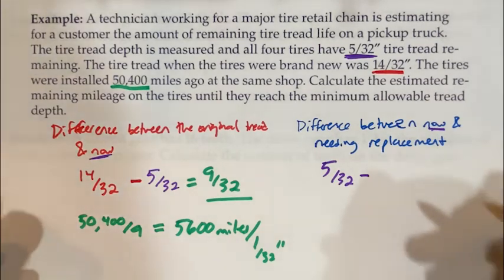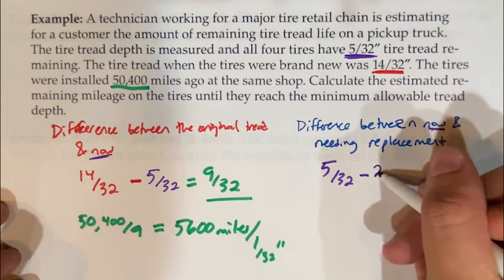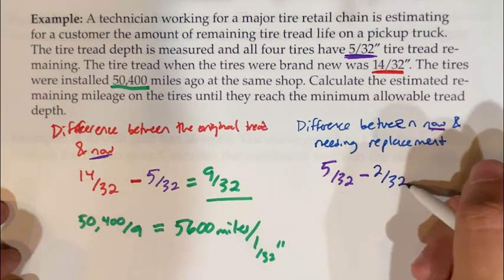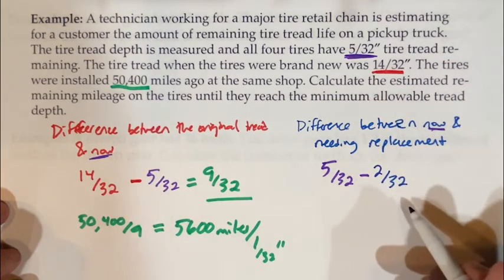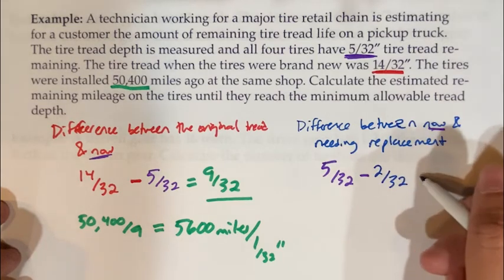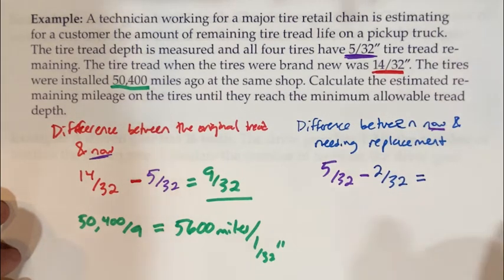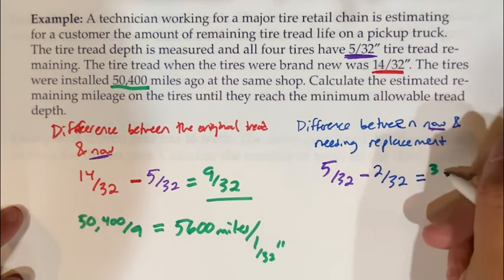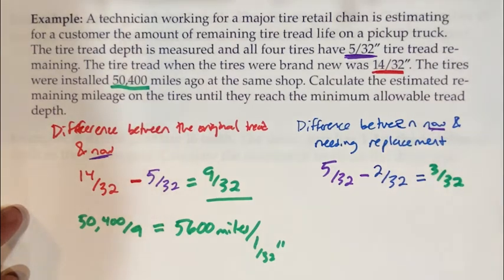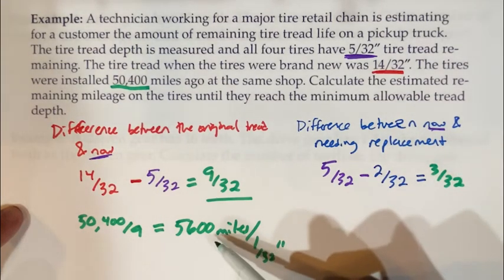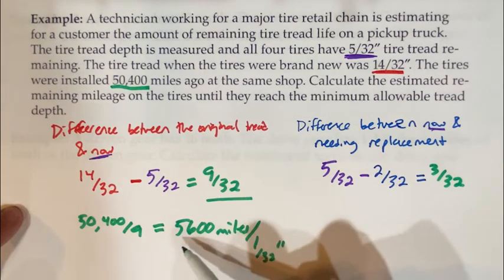And we know that we're going to need to replace our tires when they have 2/32 of an inch. Remember, that's our standard that we saw in our last problem. So that's going to leave us with a difference of 3/32 of an inch.